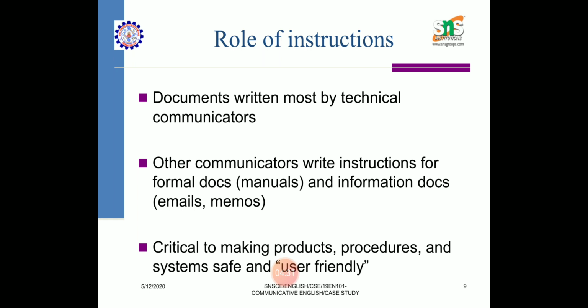The main role of instruction is that it supports technical communicators with written documents, and it is a formal document that can otherwise be called manuals. If it is formal, it is called a manual, and if it is informal, it may be emails or memos. It helps in making critical products or procedures user friendly for the customer, and it supports an easy manner of assembling things.